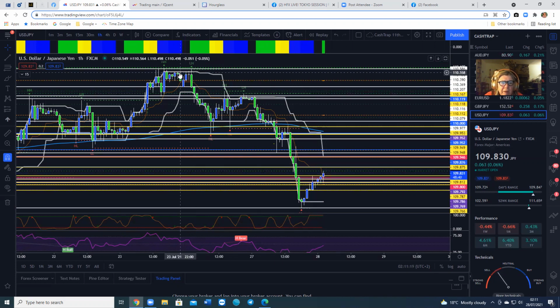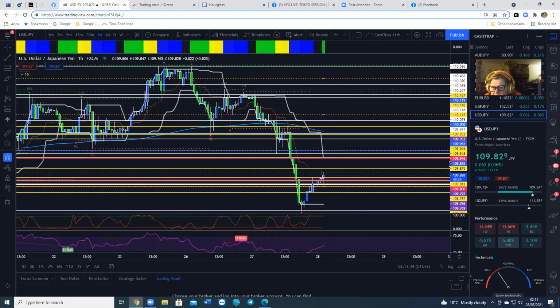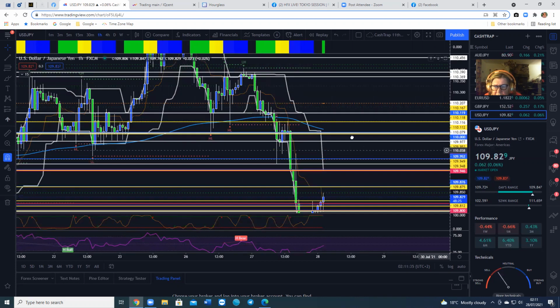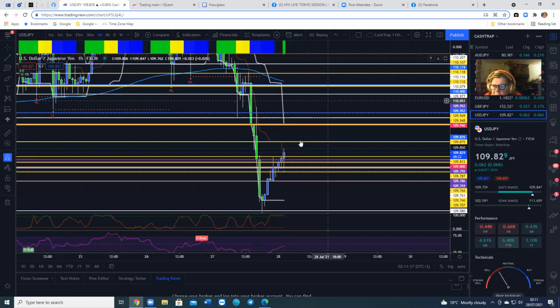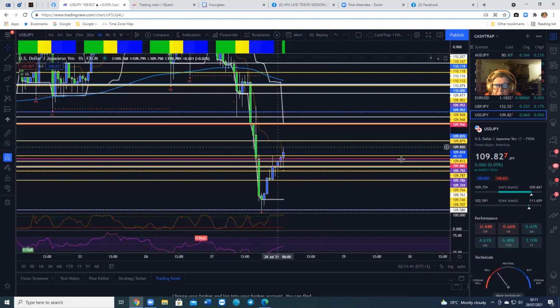So that's, I think, what it's been doing. It's off these daily white lines, stalled out, daily white lines, stalled out. And is that a white line there as well? I think I've got a white one there, which is this level at the 876.